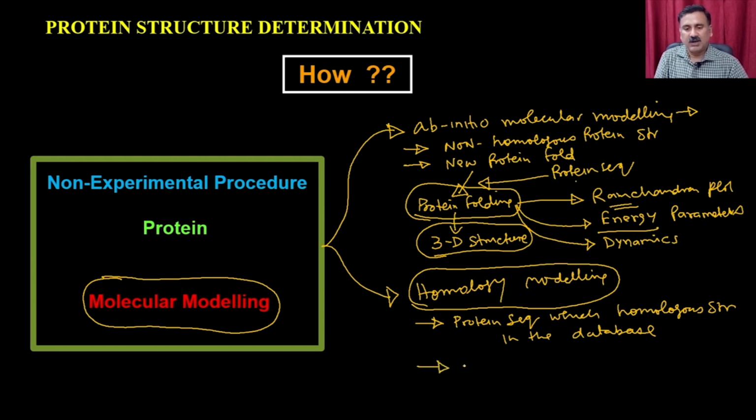Homology modeling is a multi-step process, and you can use different types of software to do it. What we are going to do is first discuss how homology modeling works theoretically, and then we are going to show you a small demo.